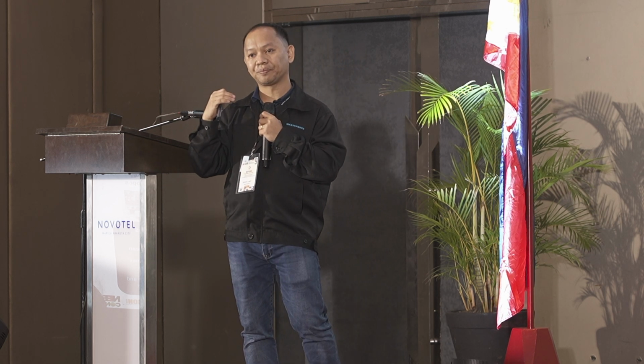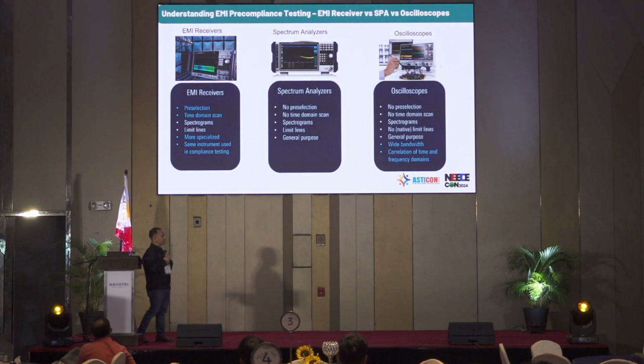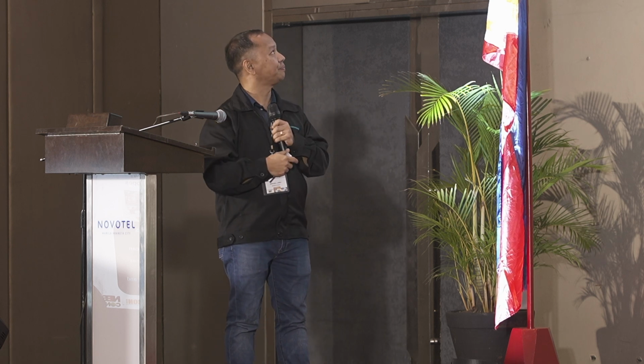So, we really need the EMI preselector para ma-block natin yung mga sobrang taas na signal and hindi siya maka-apekto sa measurement. So, yung spectrum analyzer, wala siyang preselector. So, ganun din yung oscilloscope. So, yun. Kaya hindi rin siya pwedeng gamitin for full compliance testing, yung dalawa na yun. Usually, ang ginagamit yung receiver talaga.